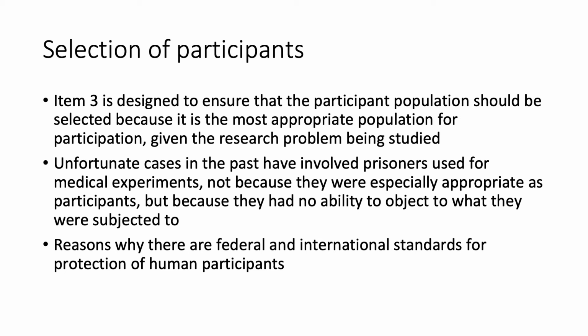But due to the unethical behavior on the part of past researchers, today we have federal and international standards for protection of human participants in research, and that's why we have to go through the CITI training, so we know what is ethical when utilizing human subjects within our research.